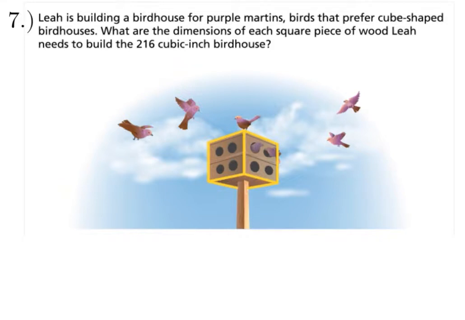So for number 7 on your paper, let's write cube shaped, and then under that let's write 216 cubic inch, and then write each square piece with a question mark. So pause the video till you get those 3 small things written down.